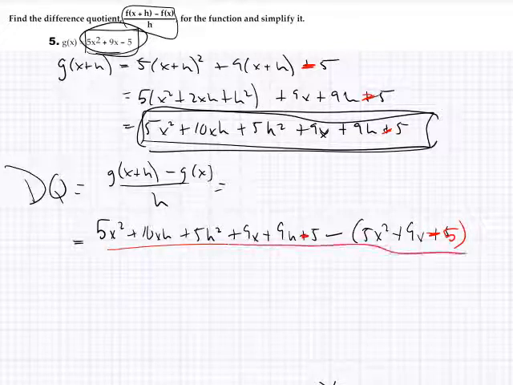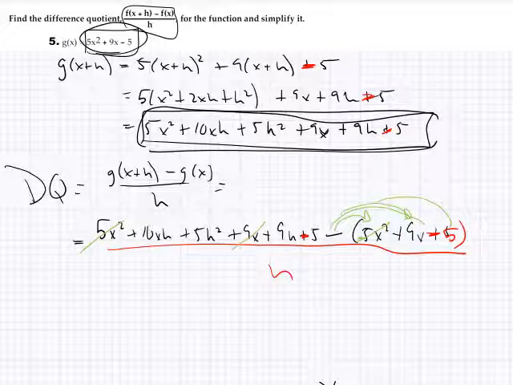All over h. So then if you look at what happens here, the negative distributes into here. We're going to have a minus 5x squared. That'll cancel with this positive 5x squared. This will give us a minus 9x, which cancels with this positive 9x. This would give us a positive 5 because of the double negatives, and this is a minus 5 here, so they would cancel. So what would that give us?